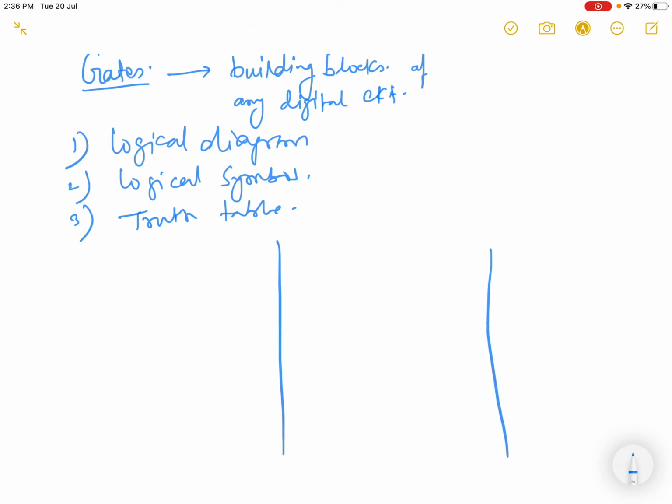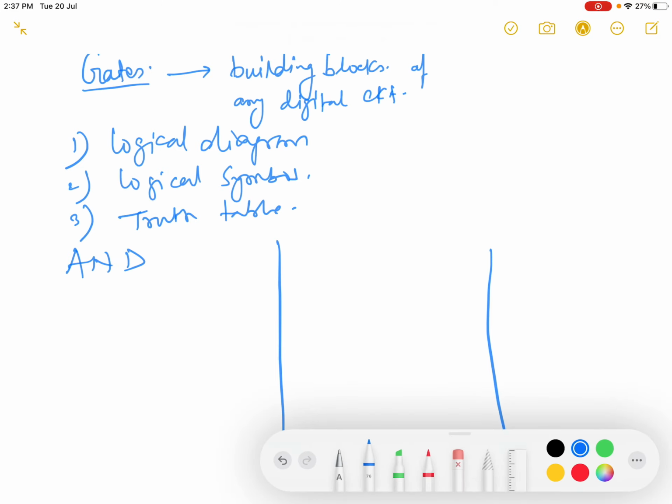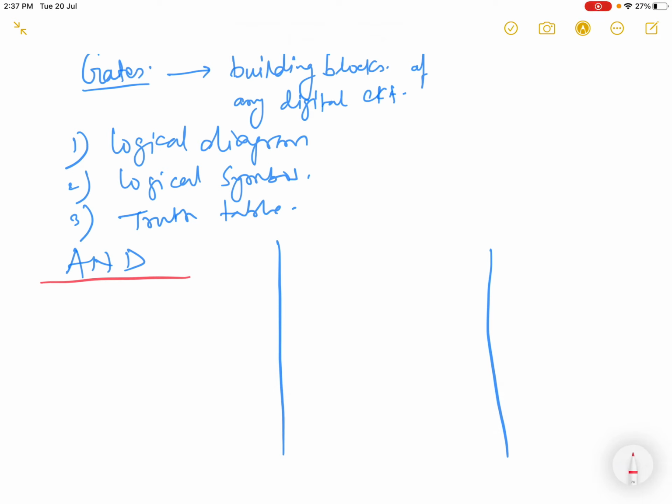As I have said, we have three basic gates. One is AND, another is OR, and the next one is NOT. So what is the logical symbol of this gate?